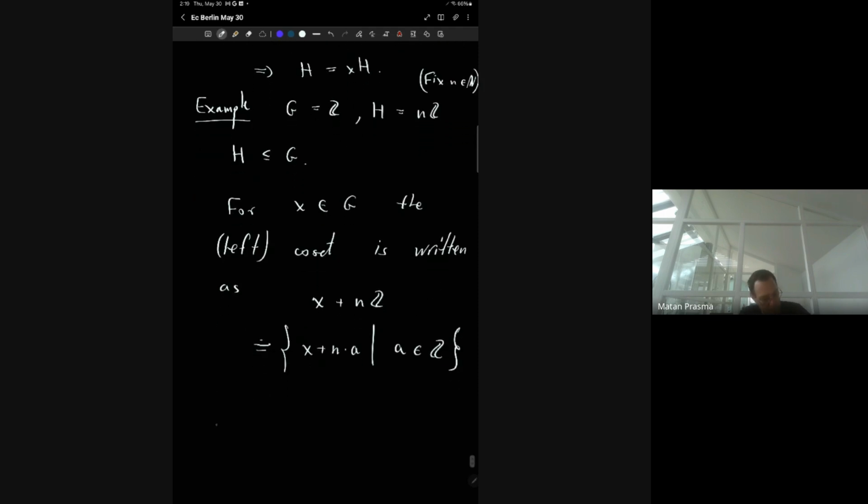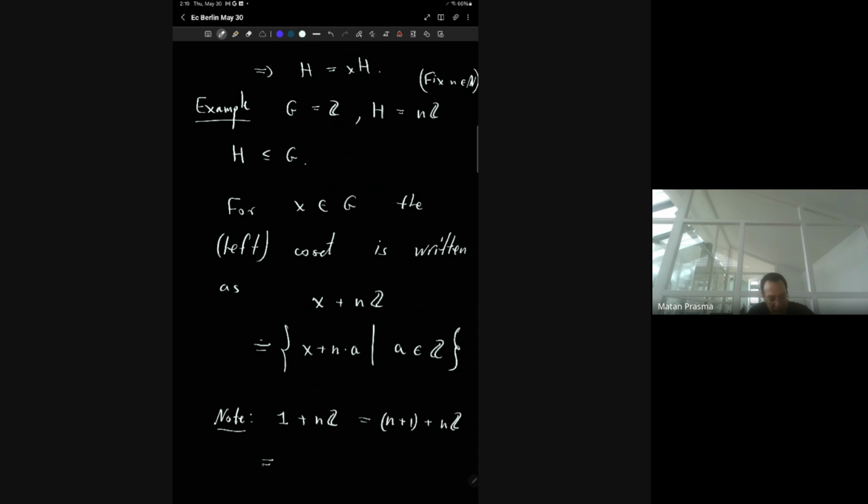Note. So I take, for example, 1 plus nZ. This is a coset. I claim that it's the same set as n plus 1 plus nZ.